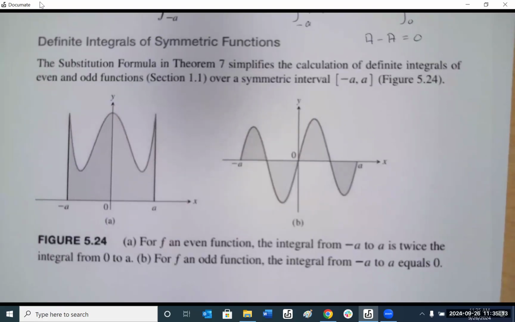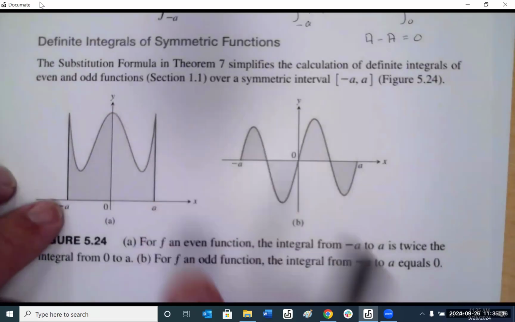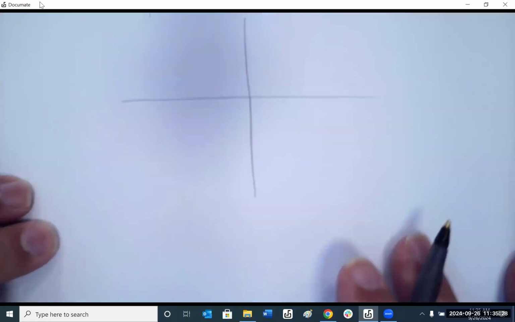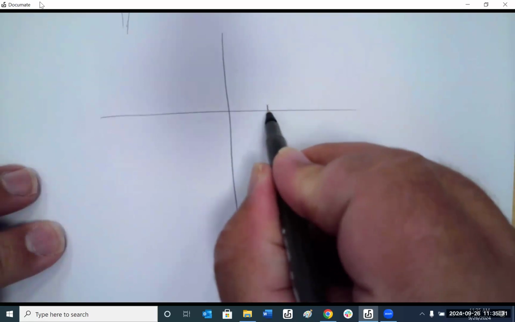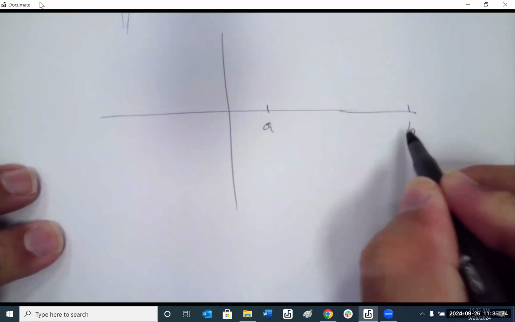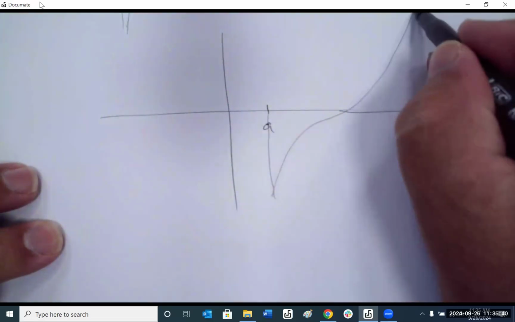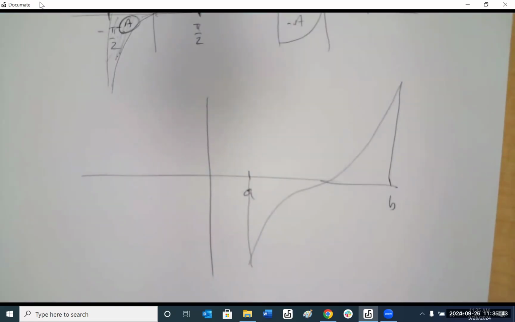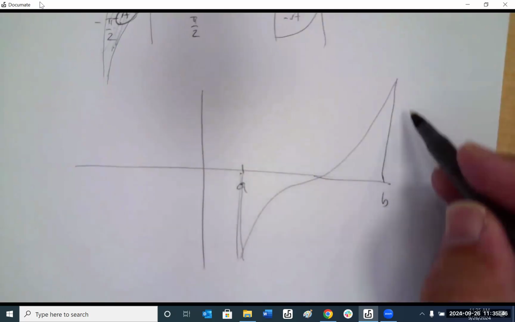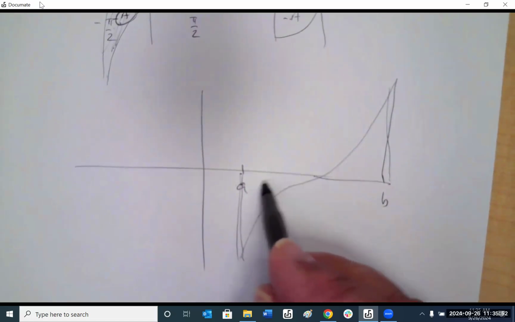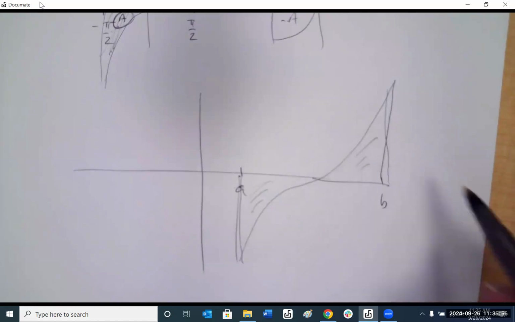If we shift it to the left or right, let's say we had an odd function, and instead of here, we shift it from A to B. If we shift the whole thing, as long as it's in the same period, then yeah, because this part is still going to be below there and this part is still going to be above there.